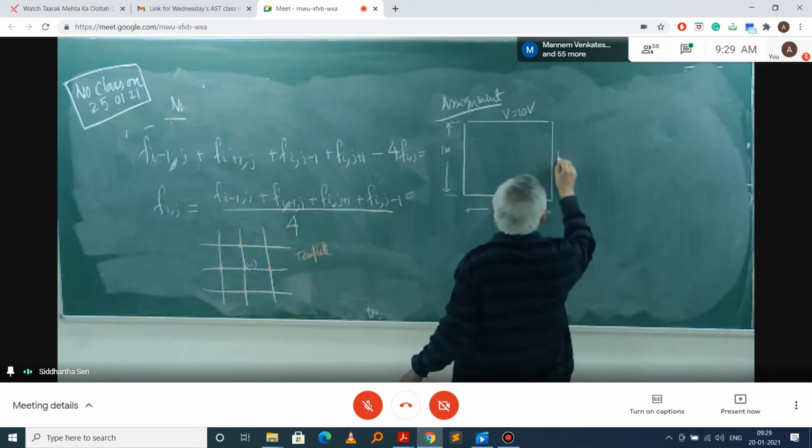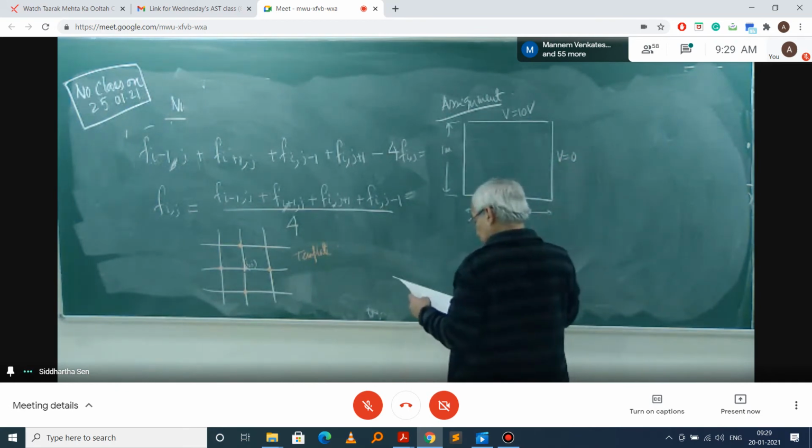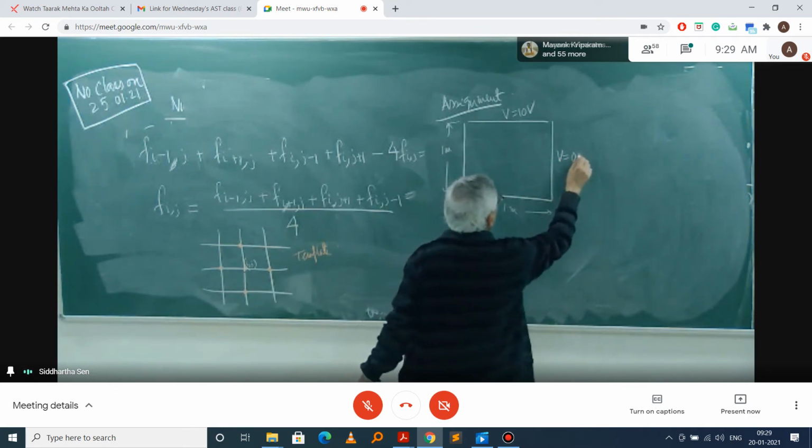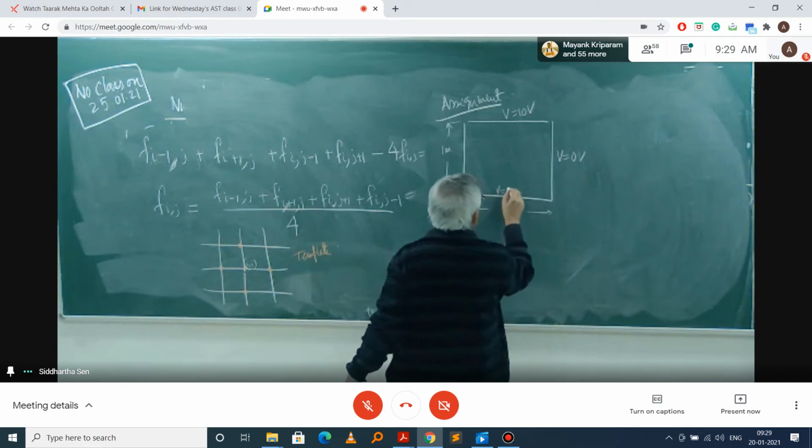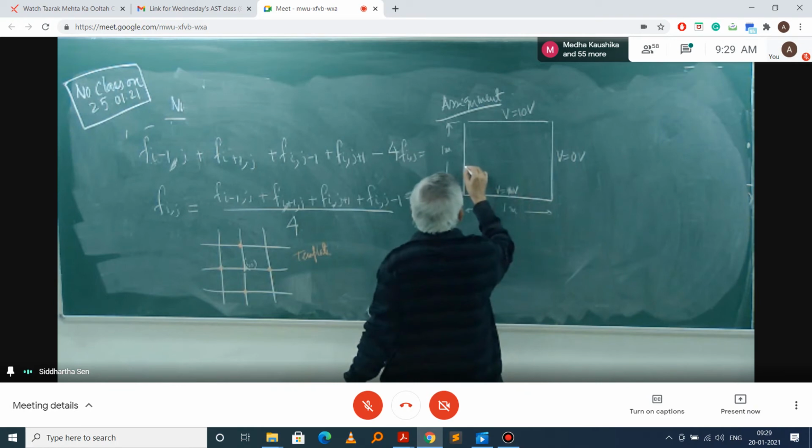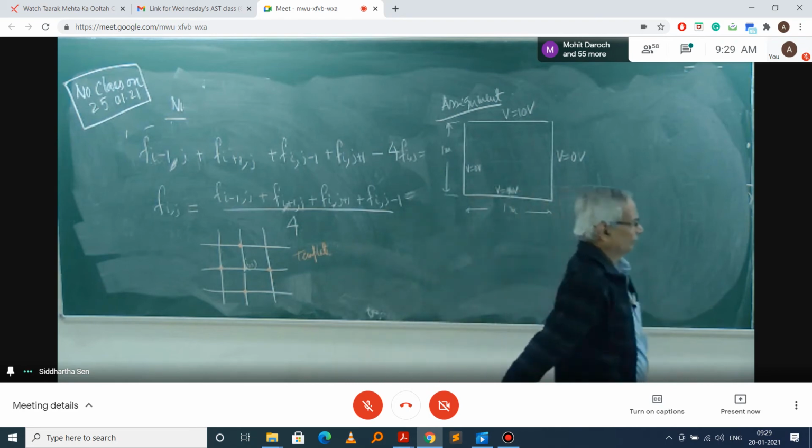This line, say V equal to 0. This line is also equal to 0 volt. This line V is equal to 0 volt. But this line V is equal to 10 volt.